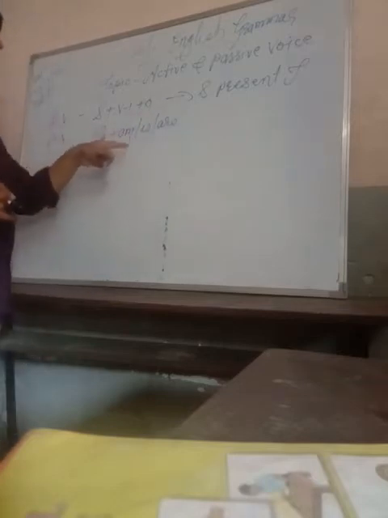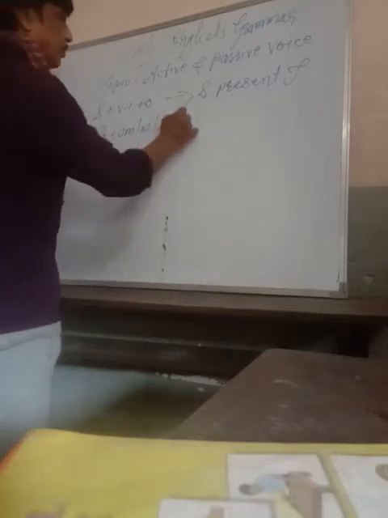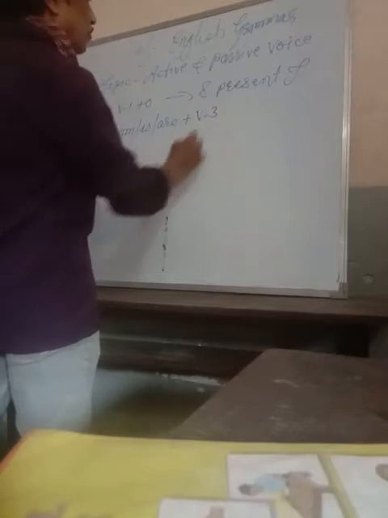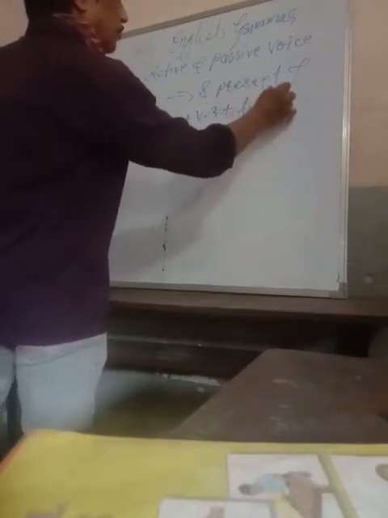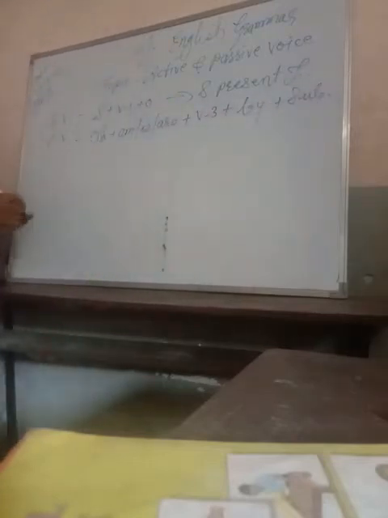These are the to be forms, because in the passive voice, while converting any sentence of active voice into passive voice, the to be form is very essential. And after that, V3, the past participle, followed by plus subject. So this is the sequence of the passive voice.